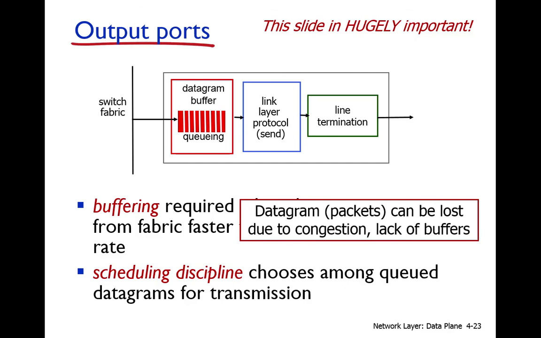So the data packet can be lost due to congestion or lack of buffer. Why? If packets are arriving faster than the transmission rate, then such packets will be stored in the queue, and when the queue or the buffer becomes full and more packets arrive, then those packets will be discarded, they will be lost.